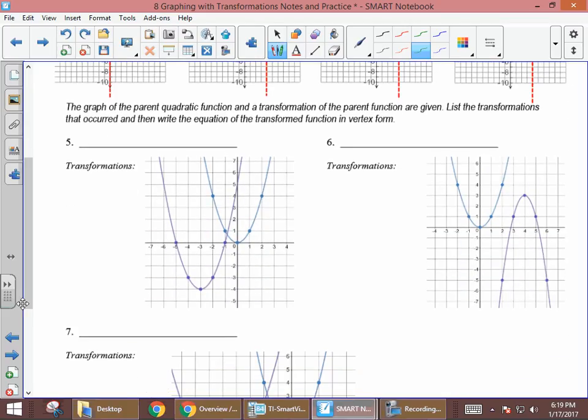The graph of the parent quadratic function and a transformation of a parent function are given. List the transformations that occurred and then write the equation of the transformed function in vertex form. Whew, that was a bunch. So, let's first look at the original function. It's this one.